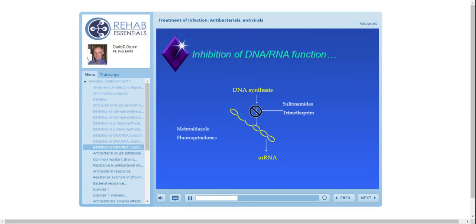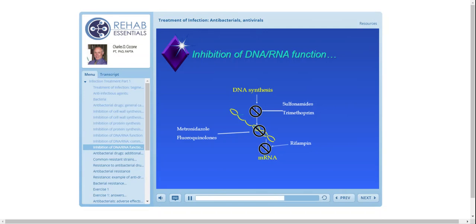Others, like the fluoroquinolones and metronidazole, bind directly to the DNA molecule and tie it up in some way, so it cannot function. Others, like rifampin, inhibit the process of transcribing it into messenger RNA and sending that message out into the cell. So, as you can see, they don't all work the same way, but in some way they are impairing the ability to either make or use the genetic code.